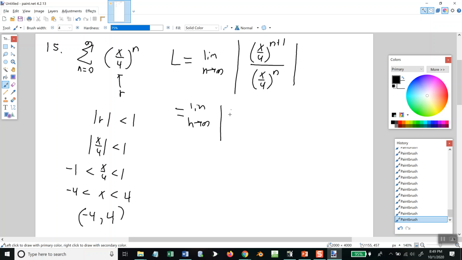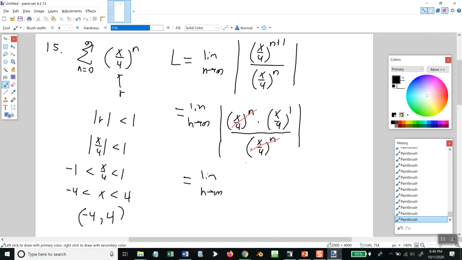The top part I'll break apart as x over 4 to the n power times x over 4 to the first power. The x over 4 to the n powers would cancel. Now, that leaves us the absolute value of x over 4, and there's no n left, is there?